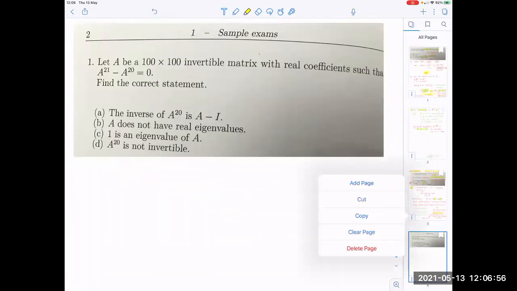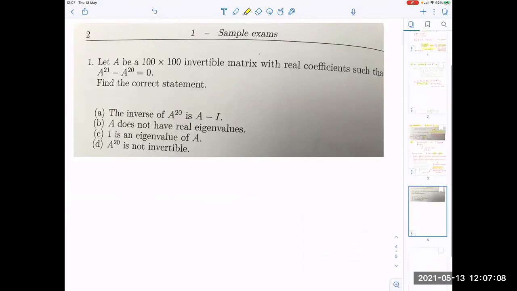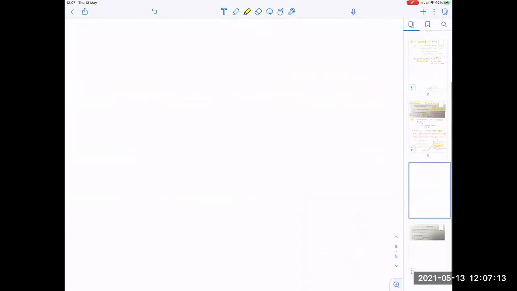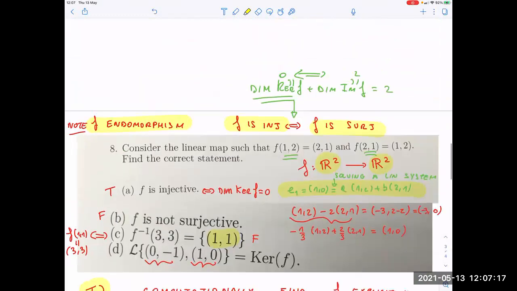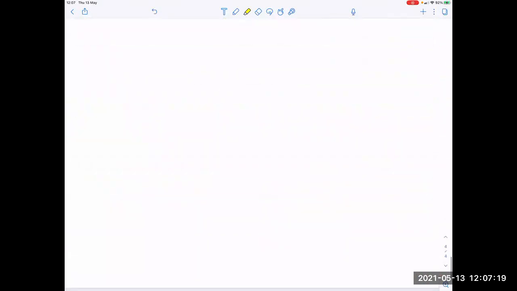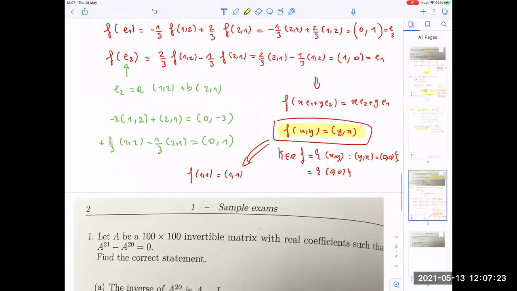Let me try one more. Add a page. Okay, now it is not working. Okay, so I want an empty page here. Okay, now I have the empty page. Well, last try, add a page.